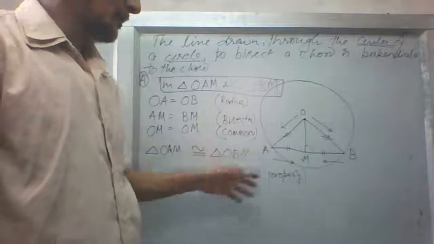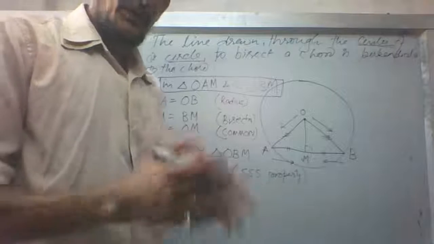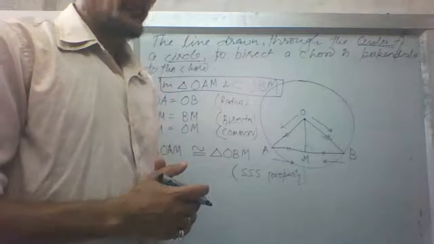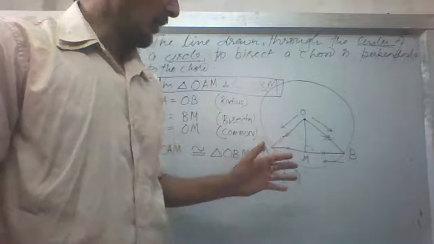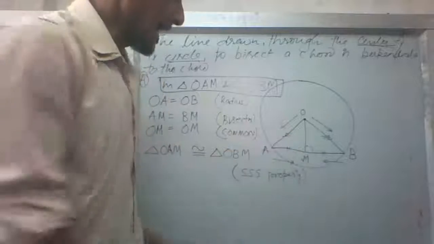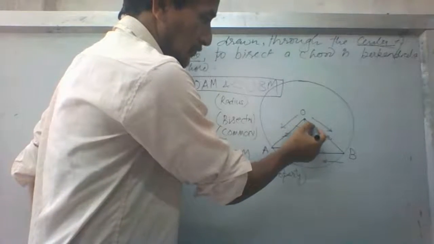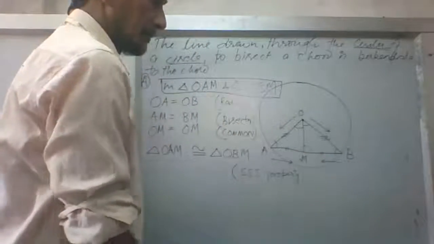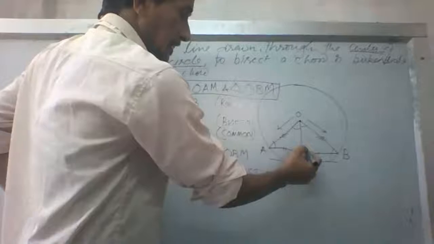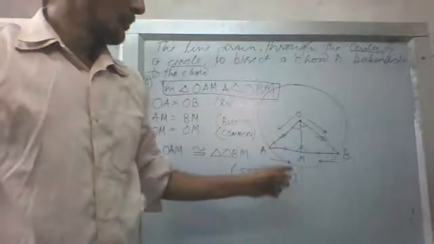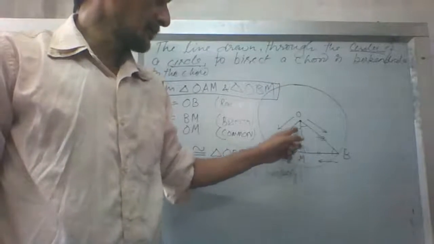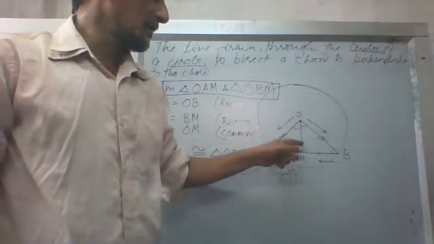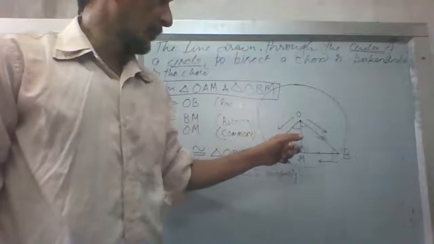SSS property shows that all the sides are same. It means if the triangles are congruent, its angles are also the same. So this angle is equal to this angle. This angle is equal to this angle. And this angle is equal to this angle. Because this is a congruency, if this is congruent by the arms, this is congruent by the angles also.